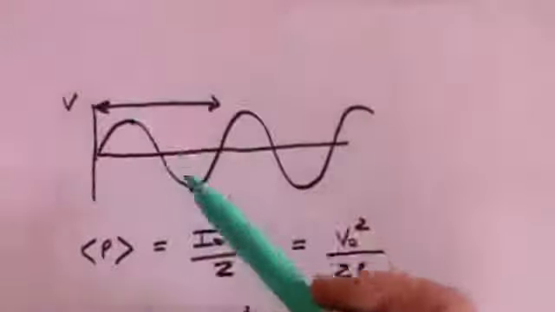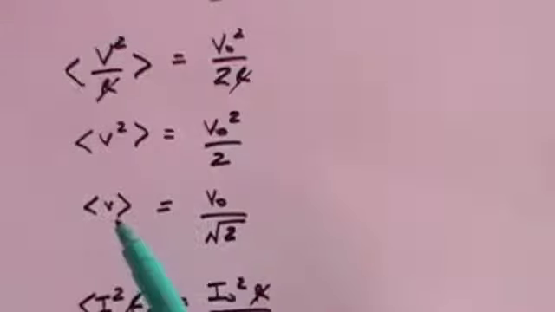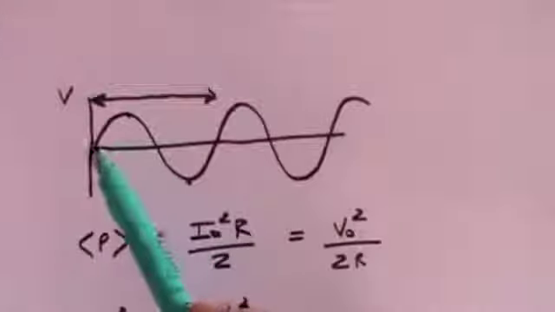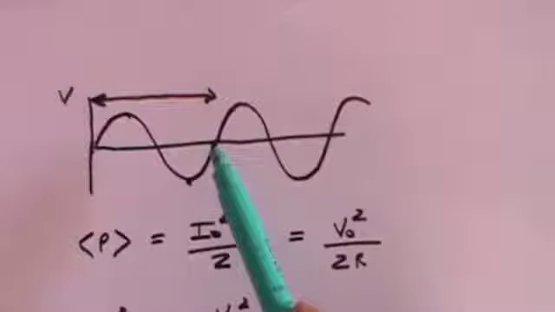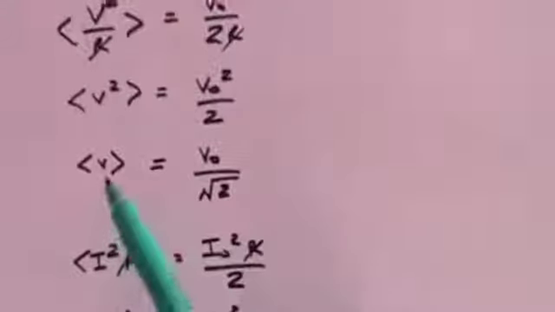If instead of having a variable voltage, you had that as a direct current voltage, then it would produce the same amount of power. So we need to understand that. It's not the average of the sine wave, because the average of a sine wave over a complete cycle is 0. What we mean by this is that that's the average term derived from the power to give you the equivalent voltage in DC terms that would give you the same power.